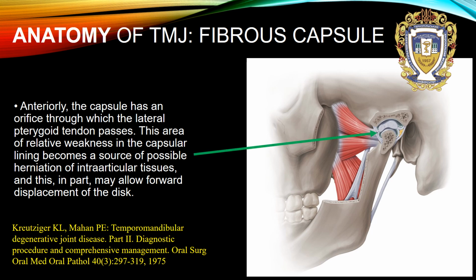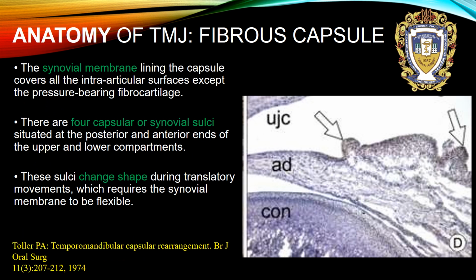This area of relative weakness in the capsular lining becomes a source of possible herniation of intraarticular tissues, and this, in part, may allow forward displacement of the disc. About anterior displacement, I will talk to you later today.